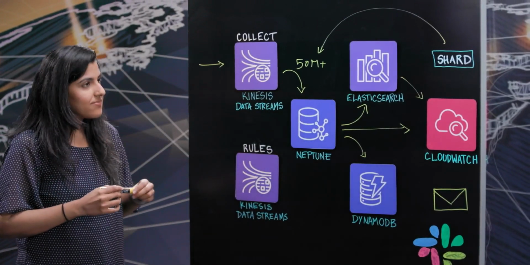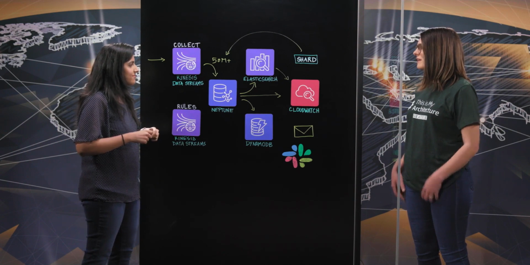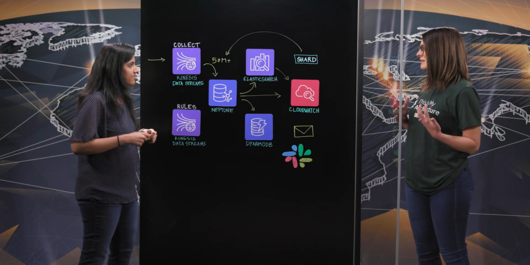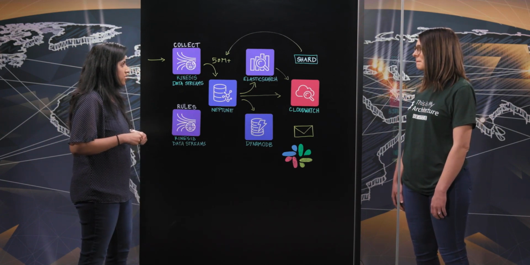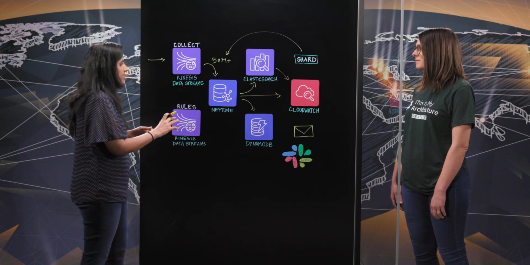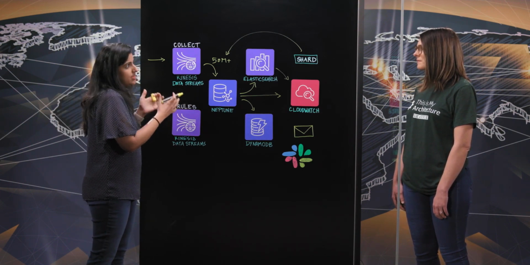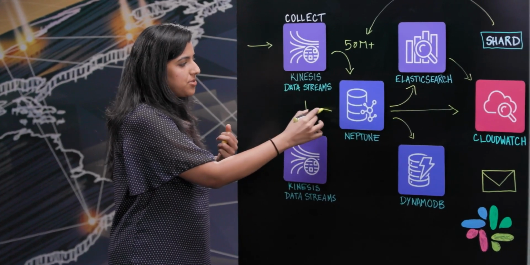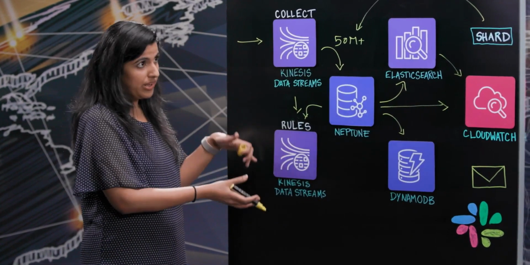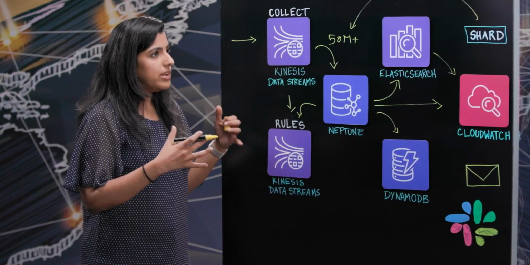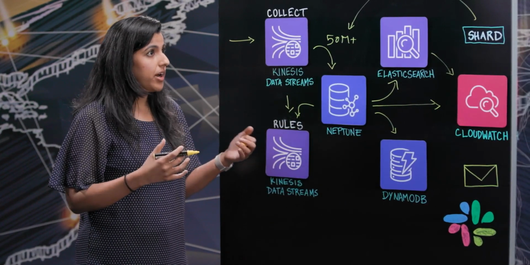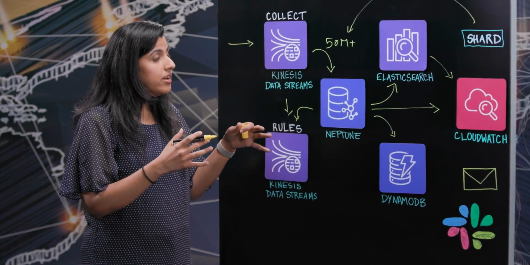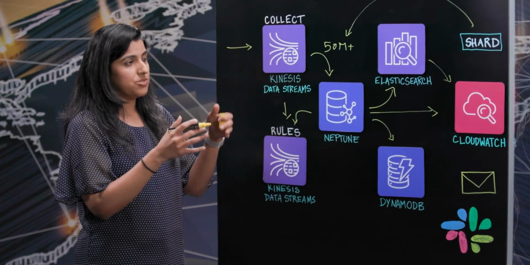Yeah, no, that's a really smart use. So once that data is sharded and put back into Neptune, where does it go? Sure. So once the data is all persisted, the next thing in our pipeline is the rule executions, right? So the incoming event along with the resource changes are then propagated to our rule execution pipeline. The rule engine that we have is smart enough to determine what rules need to be executed for a given event and the resource changes.